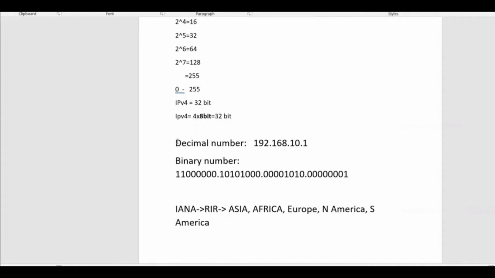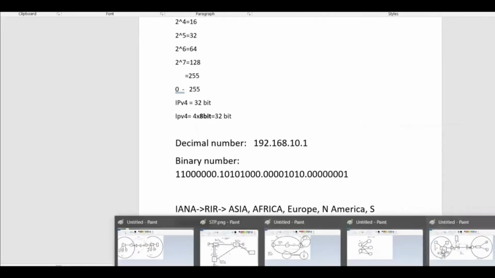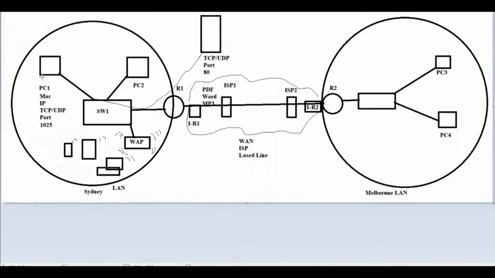An IPv4 address is written in decimal numbers. For example, we have a PC, and to that PC we assign 192.168.10.1. I just made up these addresses, so there is nothing special here. And then 10.2, so we get 10.1, 10.2, like that.